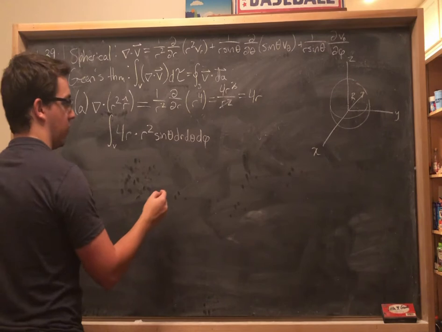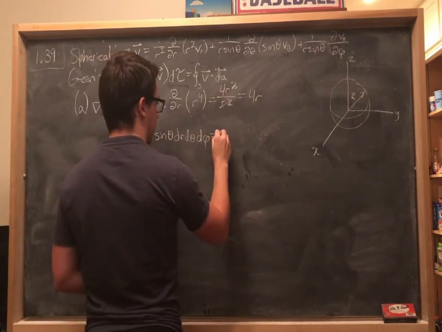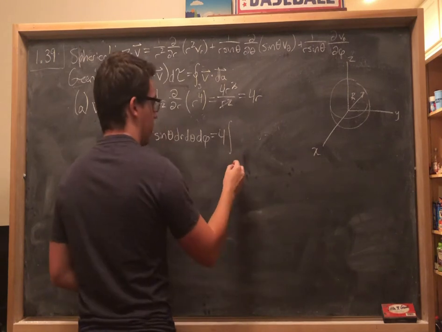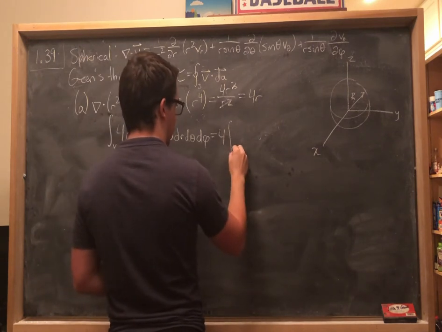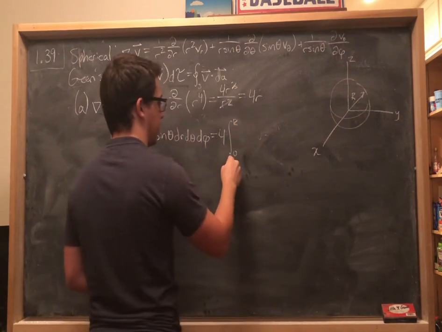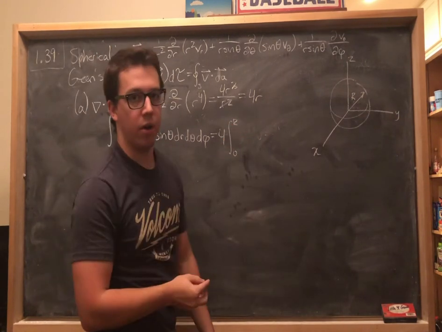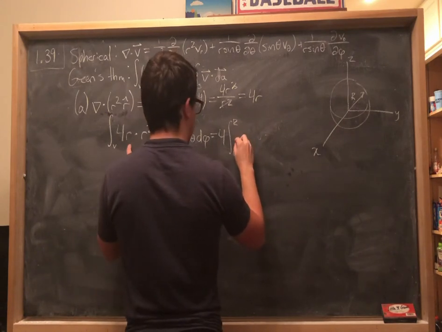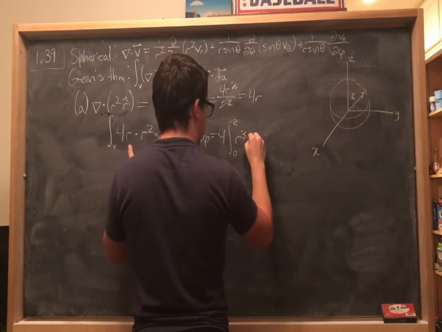Alright, so then we can take the 4 out since it's constant. We can have one integral for the radius. We're integrating from r equals 0 to r equals capital R, the radius of the ball, and that'll be r cubed dr.